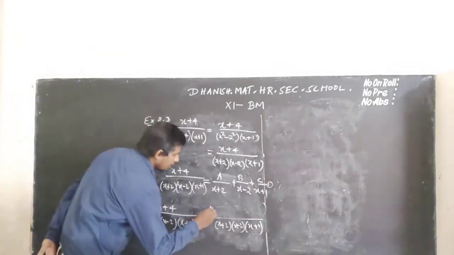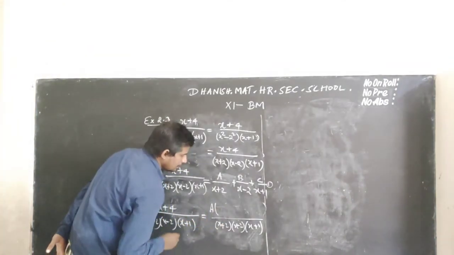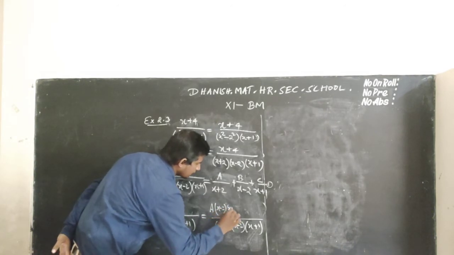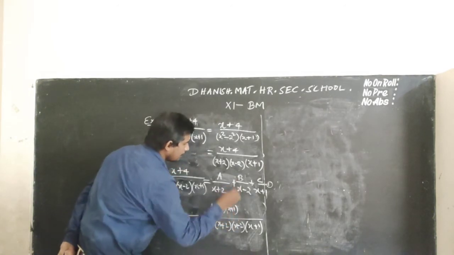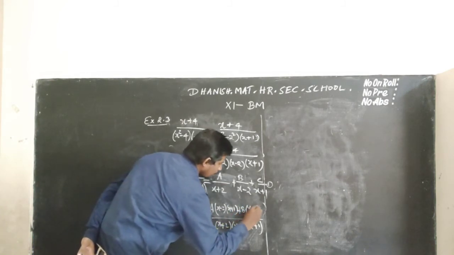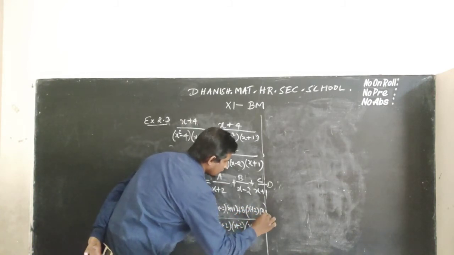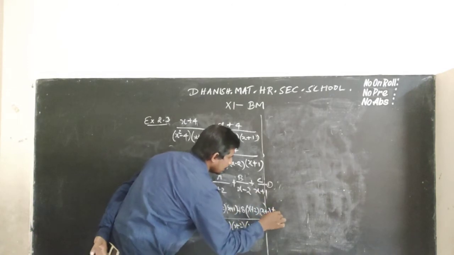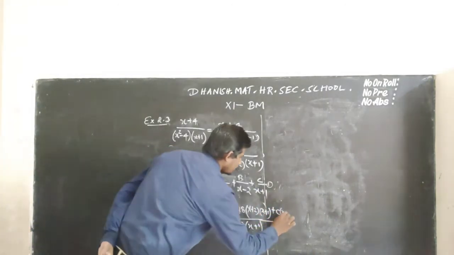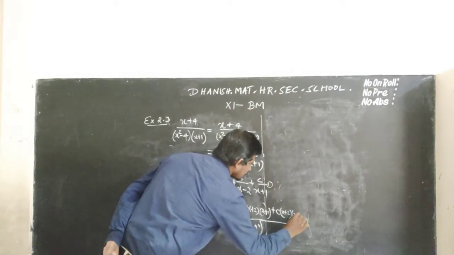So, that first term will be a into x minus 2 into x plus 1. Then, similarly, plus b into x plus 2 into x plus 1 plus c into x plus 2 into x minus 2.